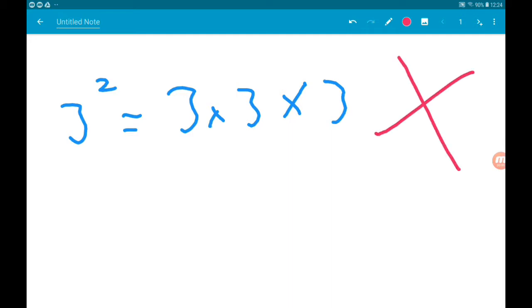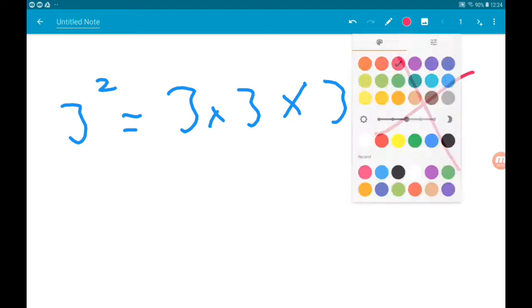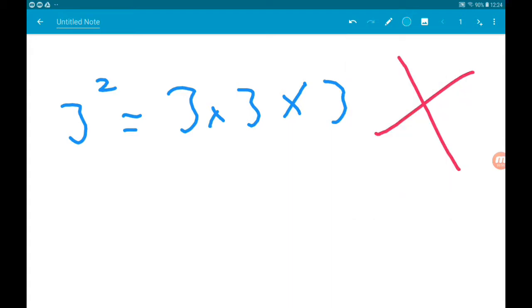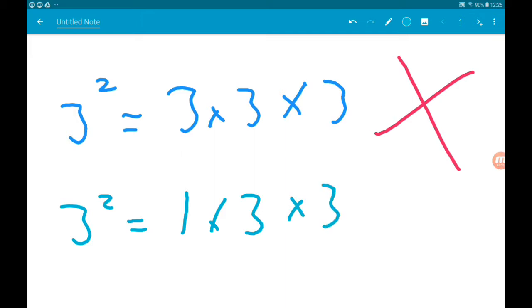What it actually means is how many times you multiply 1 by the number. So 3 squared actually means 1 times 3. So we multiplied 1 by 3 once. We got a power of 2. So we need to do it twice.